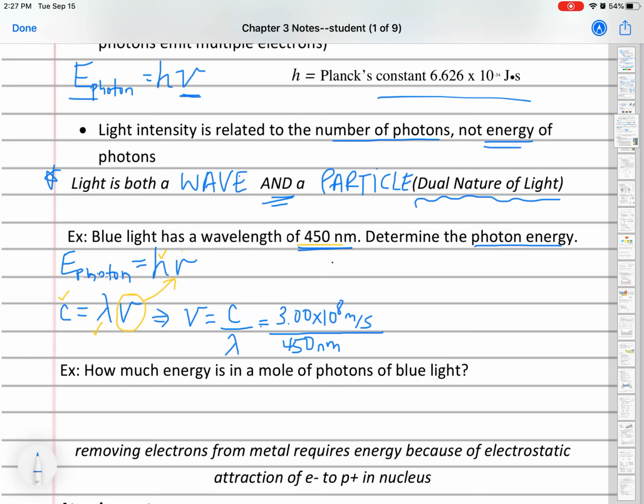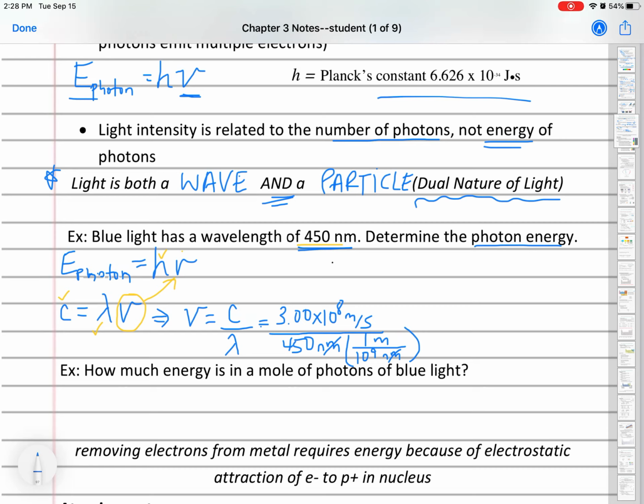All right, there's a problem here. I obviously want my units to cancel out, my meter units. Frequency should be in inverse seconds. That's the units of frequency. But I have a problem because I have nanometers and meters. So I'm going to convert this nanometers down here into meters. So 1 meter is 10 to the 9th nanometers.